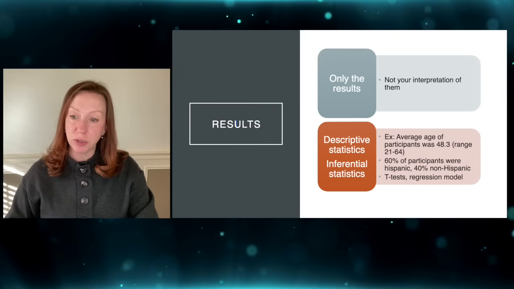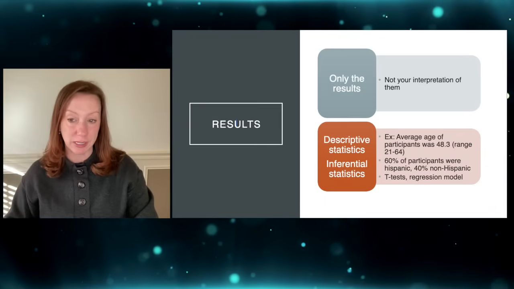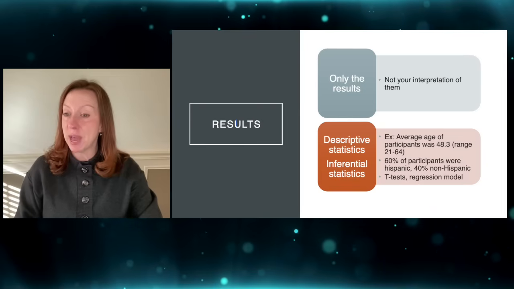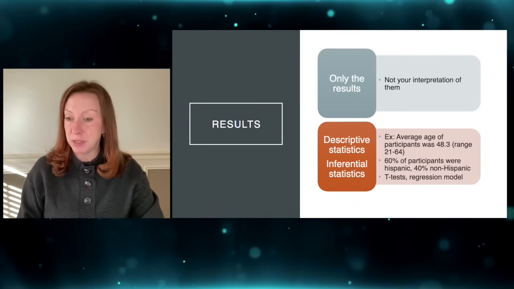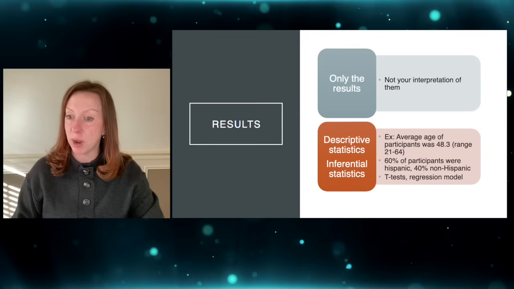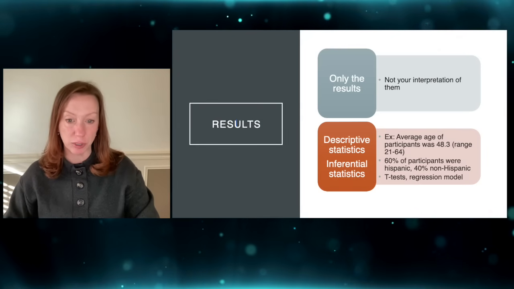You may also, if you're utilizing a quantitative design, have inferential statistics, where you're using a t-test or regression model. If you have a qualitative design, this is where you're going to list your themes that resulted from the focus groups that you potentially conducted as part of your research.